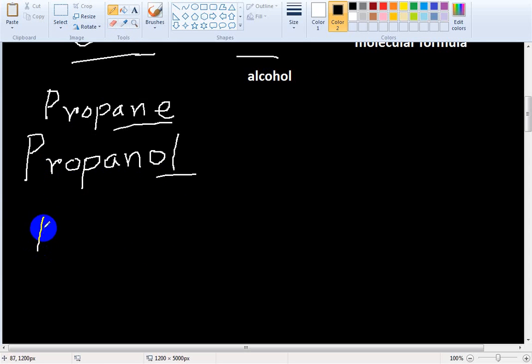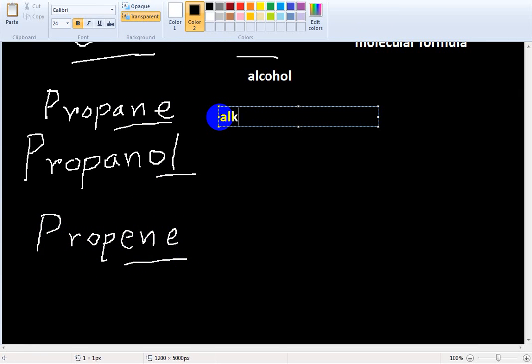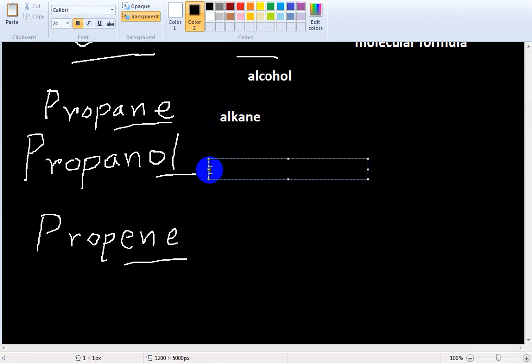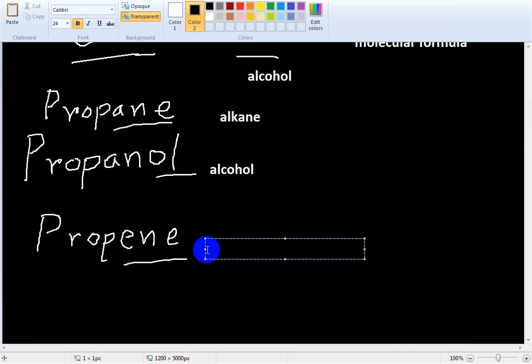If I write propene, this is the prefix "prop" and the suffix "ene". Suffix "ane" is an alkane, suffix "ol" is an alcohol, and suffix "ene" is an alkene. You have to remember these things.